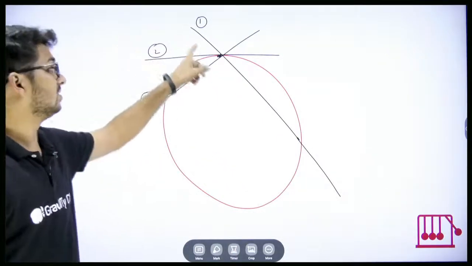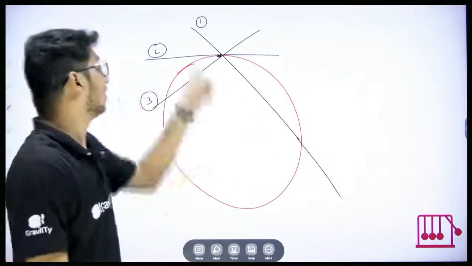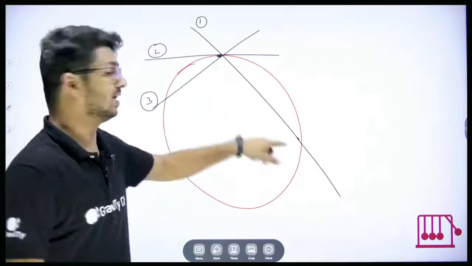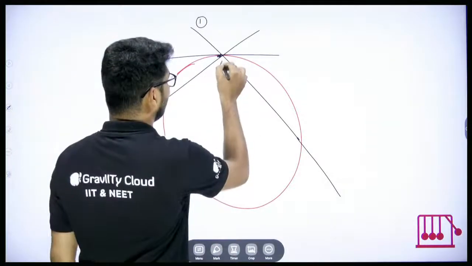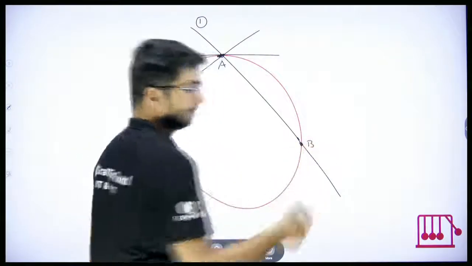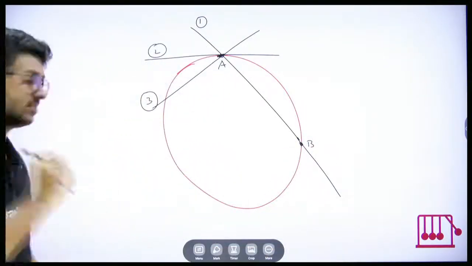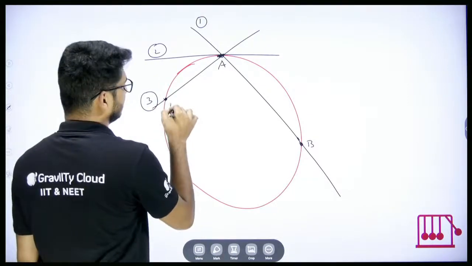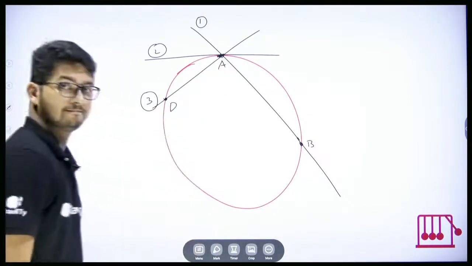At how many points does line 1 pass through the circle? It passes through the circle at 2 points, here and here. If this is A, line 1 passes through A as well as B. 2 points. Now look at line 3. Line 3 is also passing through, let's say, D and A.